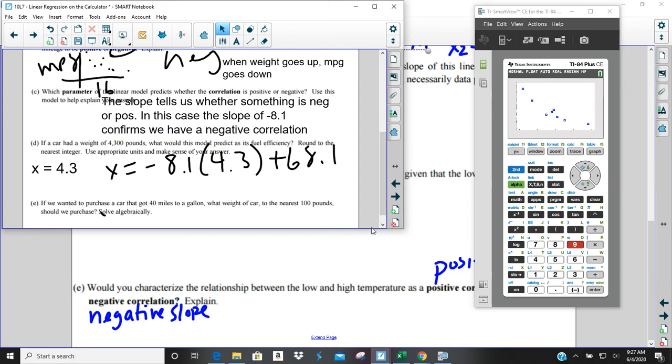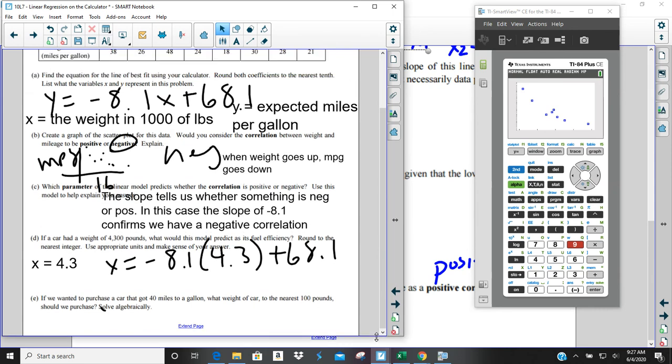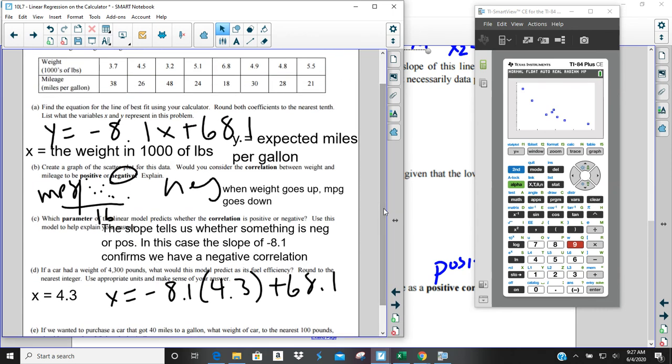I'm changing the x value to 4.3. What am I going to do now? I'm going to go to second quit on my calculator and type it in: negative 8.1 times 4.3 plus 68.1.